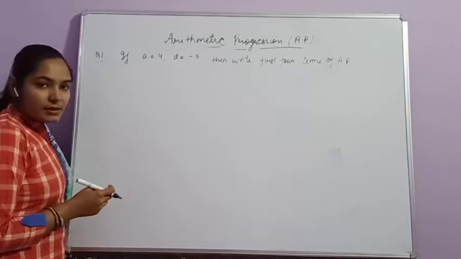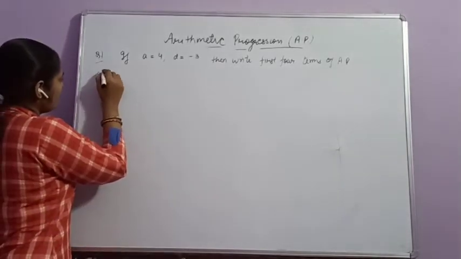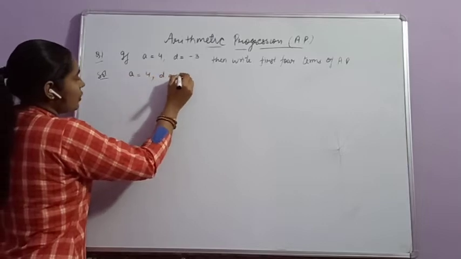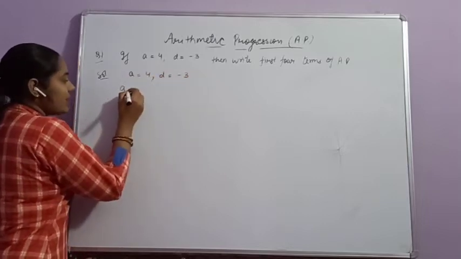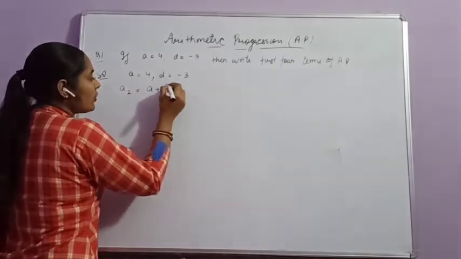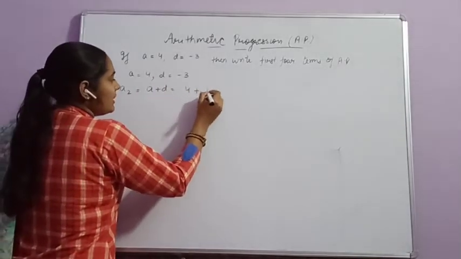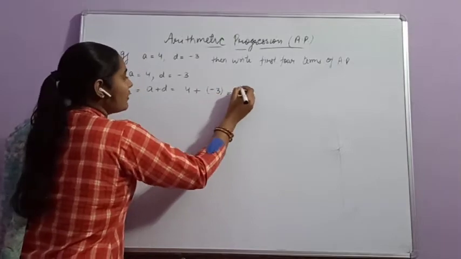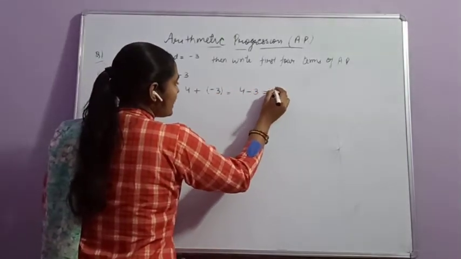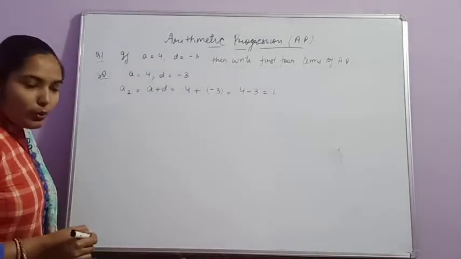First term is 4 and common difference D is equal to minus 3, and we know that the second term will be A plus D, that is equal to 4 plus minus 3. 4 minus 3, that is equal to 1.